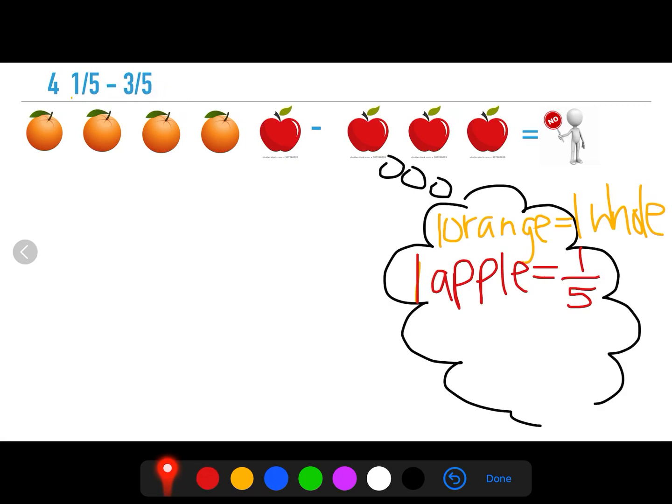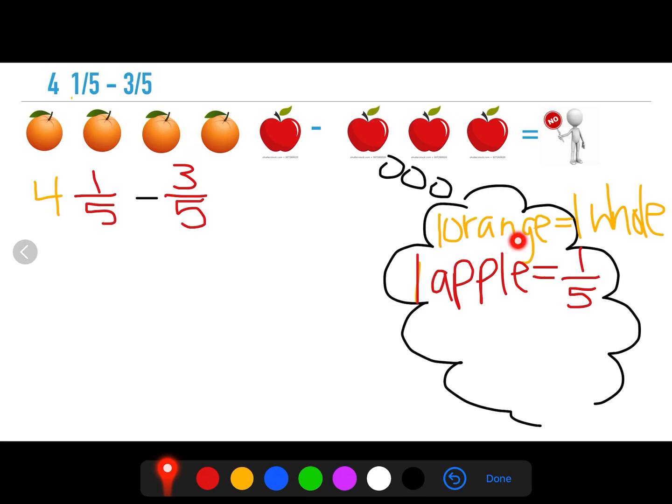Now let's get started. Remember, I have 4 oranges, so 4 1/5. I'm going to rewrite it. Minus 3/5. You guys, I don't have enough fifths in order to take away 3/5. I only have 1 of them. So we're going to do the same thing we did for our previous problem.